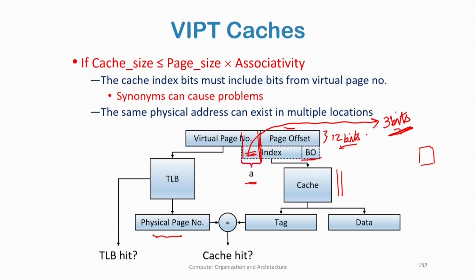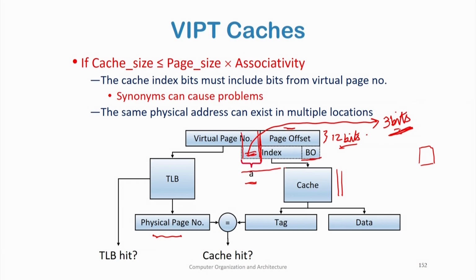So, let us say we have a set associative cache, and therefore, the index part will tell me which set in cache my particular physical block will go into. Now, this page offset part remains the same, but these 3 bits become different.